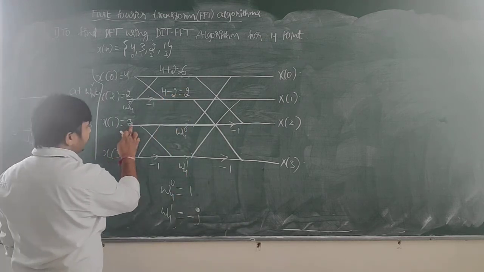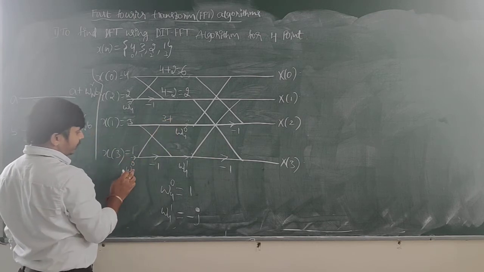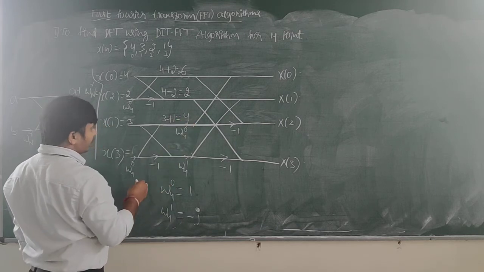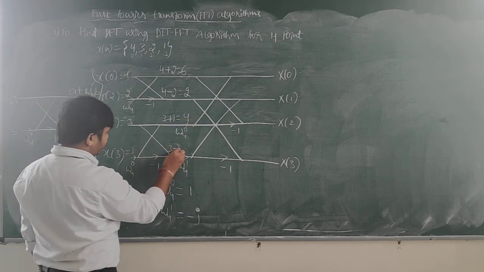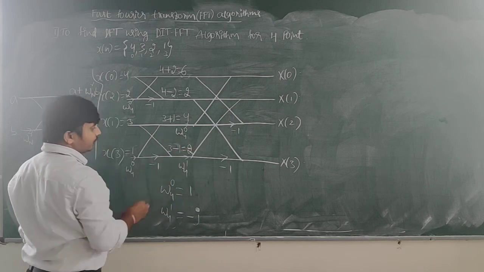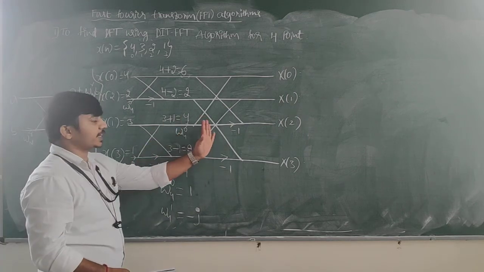Okay, so here 3 plus W4 power 0 into 1, that is 1 into 1, 1. 3 plus 1 is 4. So here 3 is coming, 3 minus 1 is 2. Okay, so this is the input for second stage.